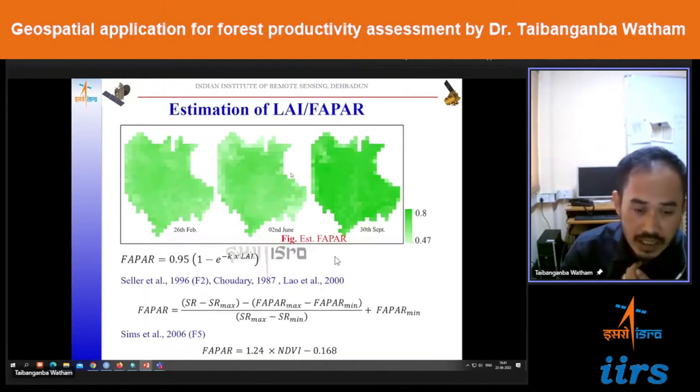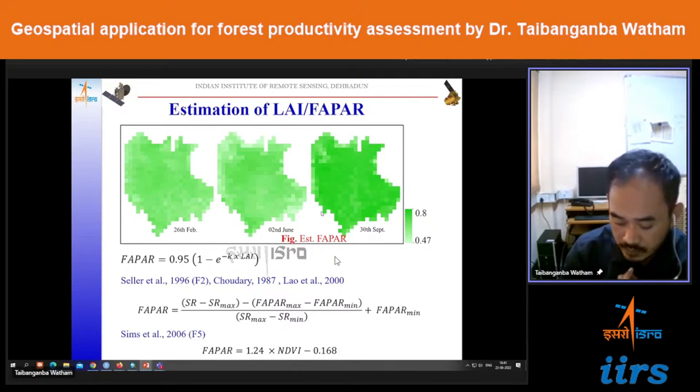Once we have the LAI, there are different functions or methods we can use for estimation of FPAR. The first one is FPAR as a function of LAI, in which we use this K as a value which needs to be parameterized, or we can use a value of 0.5. K is the light extinction coefficient. So using this K value of 0.5 also, we can estimate it.